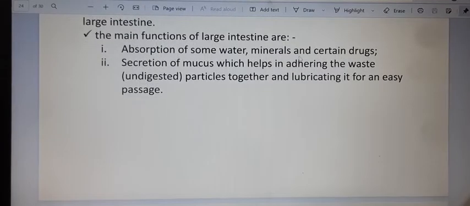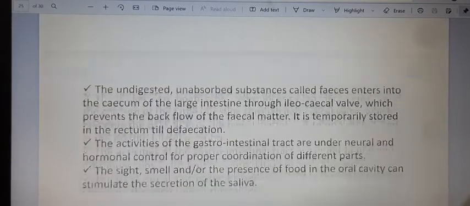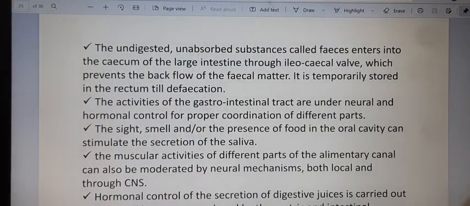The main functions of the large intestine are absorption of some water, minerals and certain drugs, and secretion of mucus, which helps in adhering the waste part, that is the undigested particles, together and lubricating it for an easy passage. Then the undigested, unabsorbed substances called feces enter the cecum of the large intestine through the ileocecal valve.